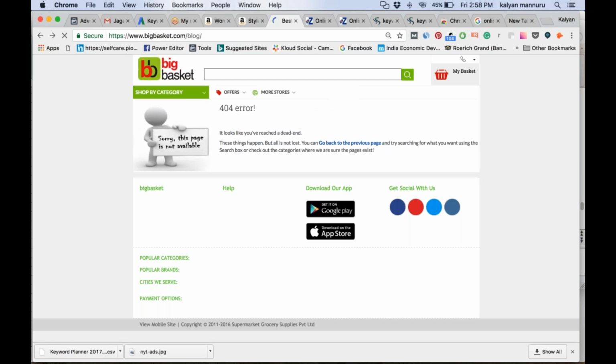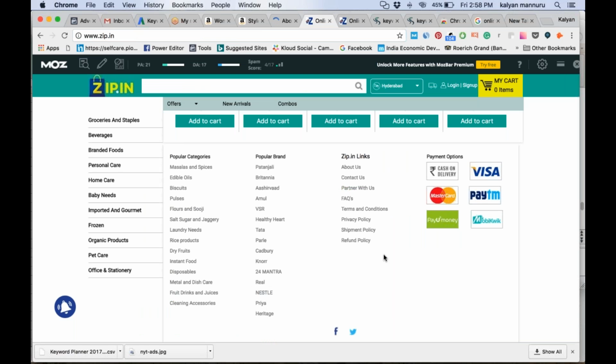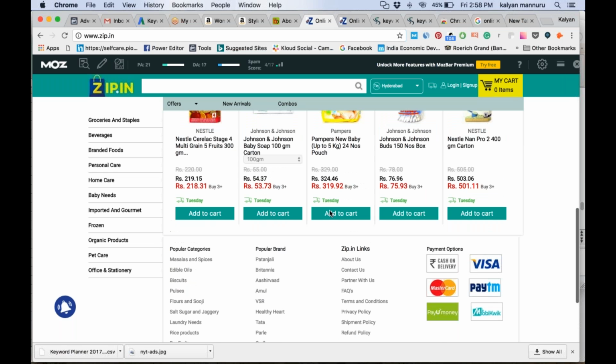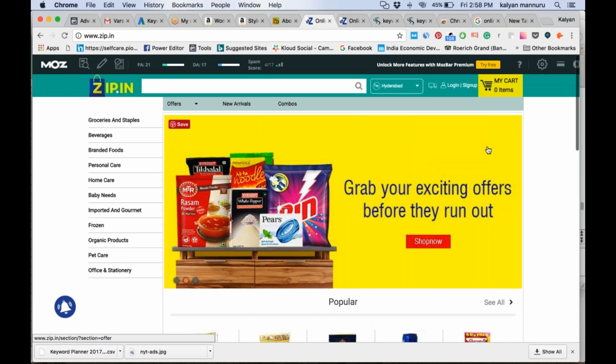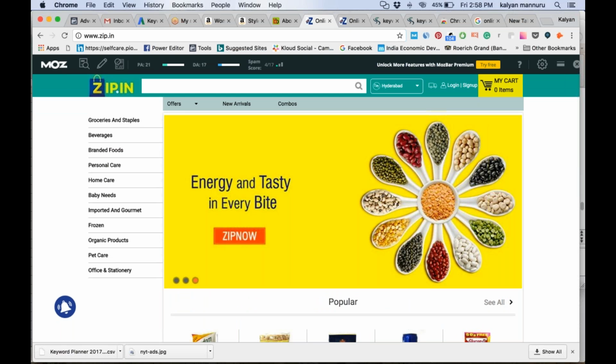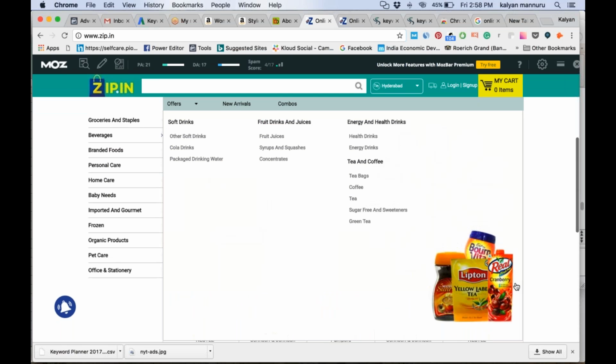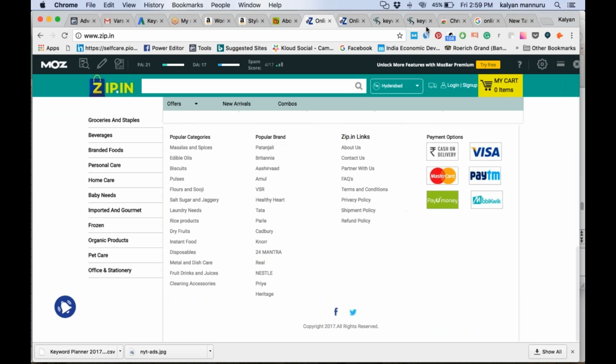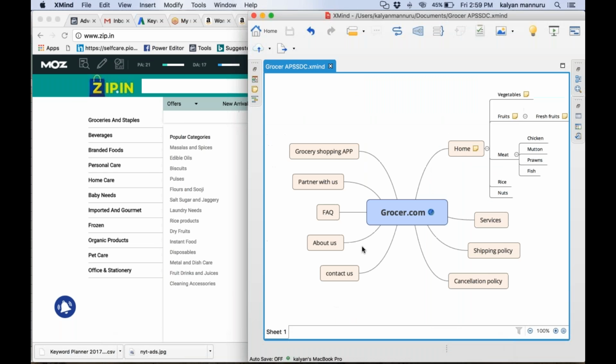So Big Basket does not have a blog, but generally blogs are written to improve the number of pages. Since the pages are already planned, the categories and subcategories are already planned, the only way you can improve your number of pages is by writing blogs. Okay, so that's about domain authority.